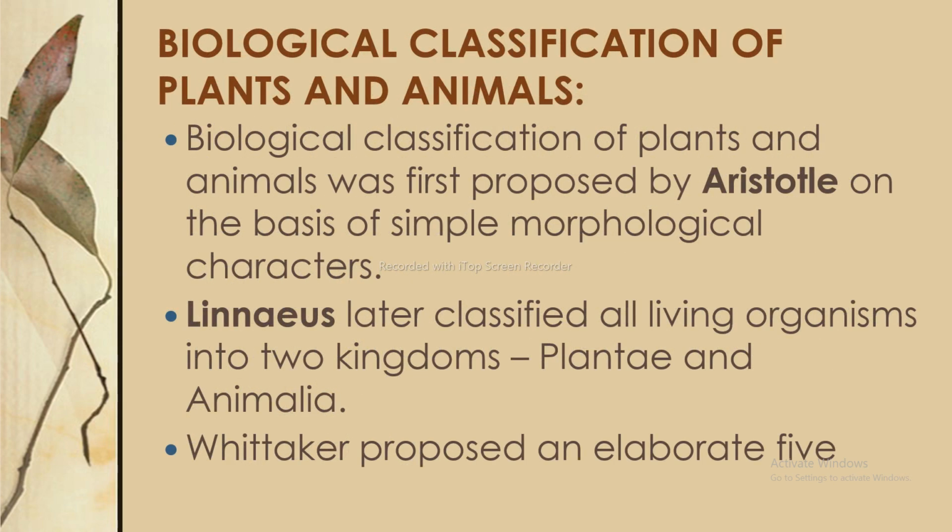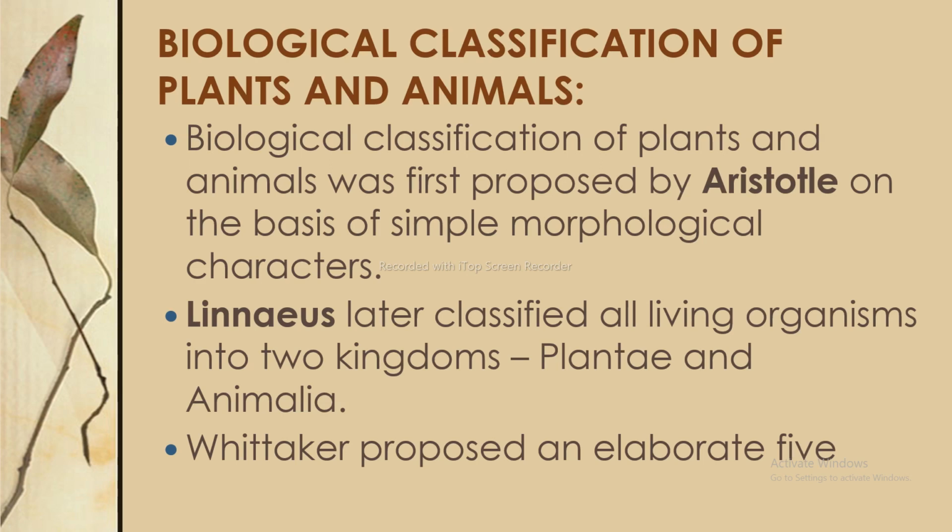So next I am going to discuss the biological classification of plants and animals. Biological classification of plants and animals was first proposed by Aristotle on the basis of simple morphological characters. Linnaeus later classified all living organisms into two kingdoms, Plantae and Animalia.